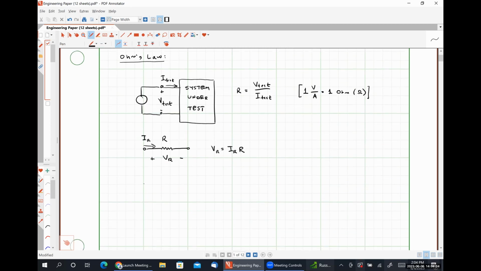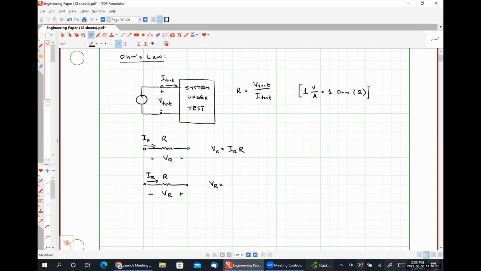However, if we have the opposite case, where the current is going to flow into the negative polarity terminal of our resistor, like so, we are going to have to use the negative version of Ohm's law.